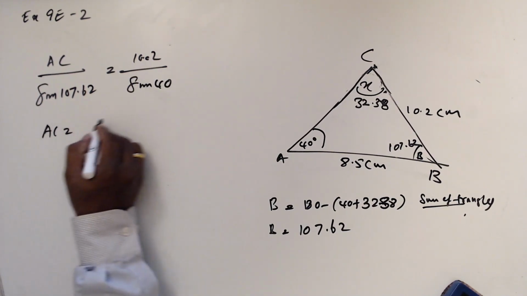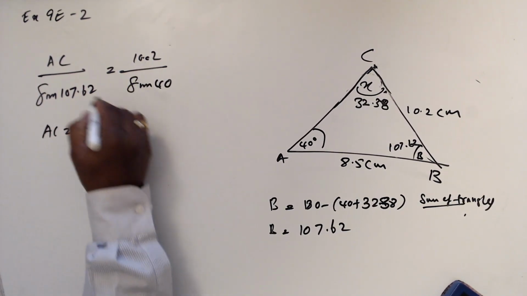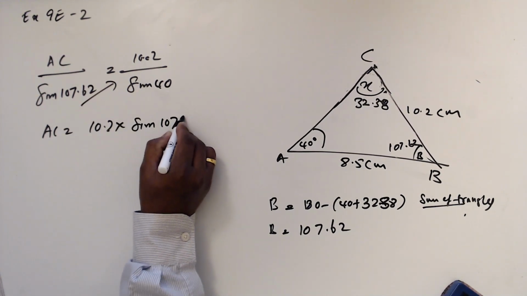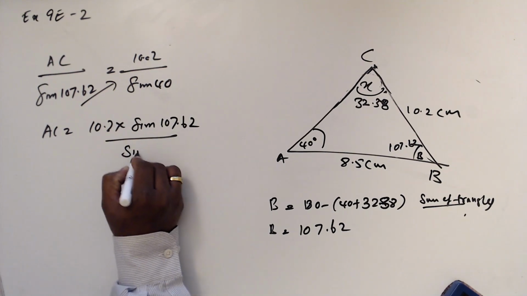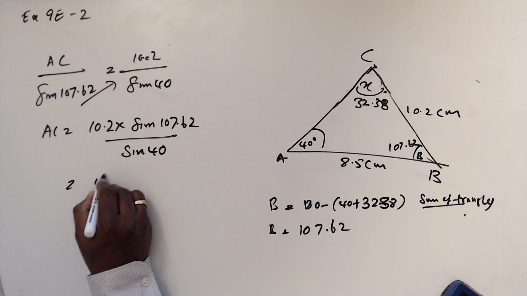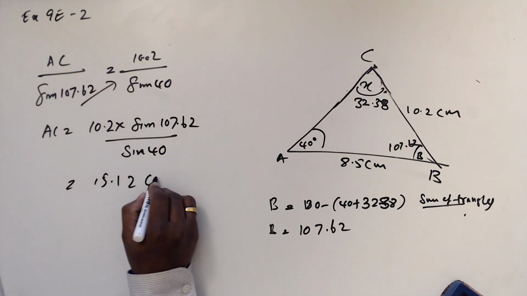So AC equals 10.2 times sine 107.62 divided by sine 40. So this is going to be 15.12 centimeters.